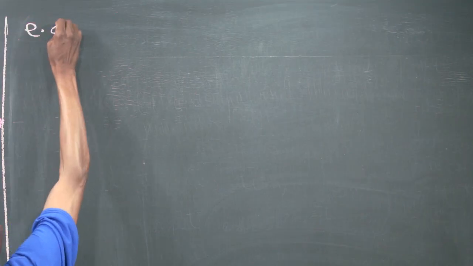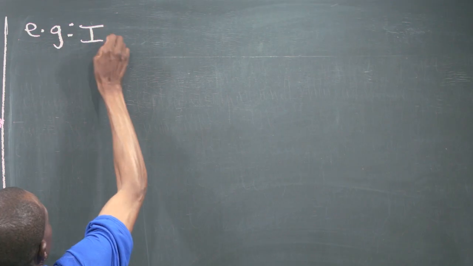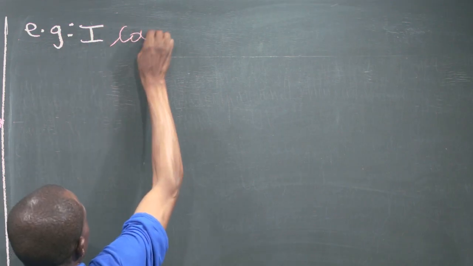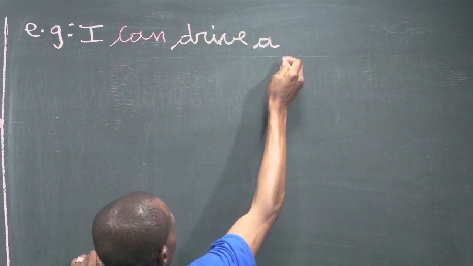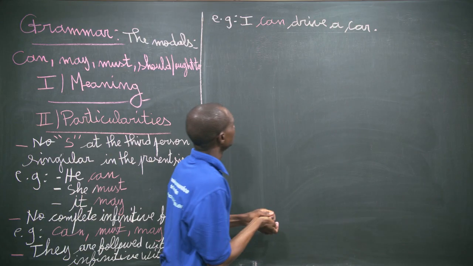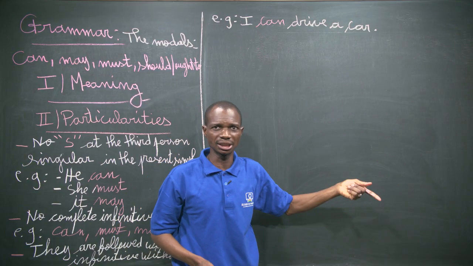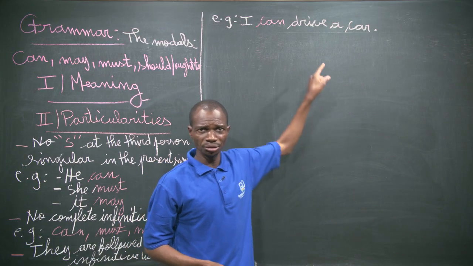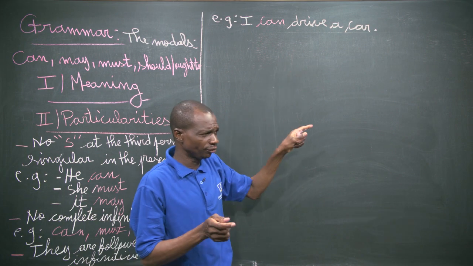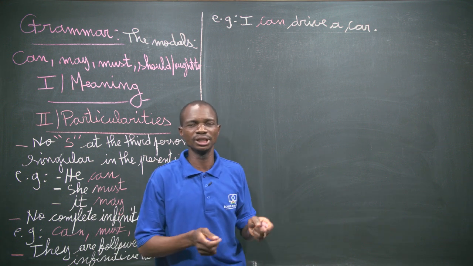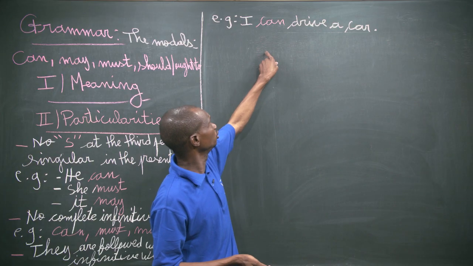Example: I can drive a car. Here, we must not say I can to drive a car. It is a mistake, even a catastrophic mistake. It's not possible. But with an ordinary verb, it's possible to say I want to drink some water, or I want to play football. But with the modal auxiliary, it's not possible.